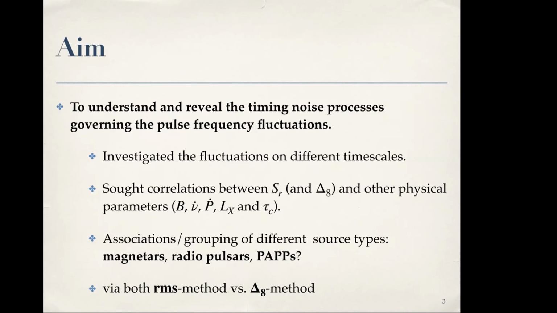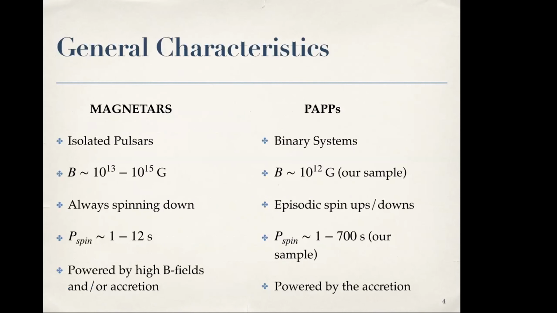We have investigated the noise strength of the study sources via two methods, namely the RMS value method and the delta 8 method. The general characteristics of the study sources are as follows.